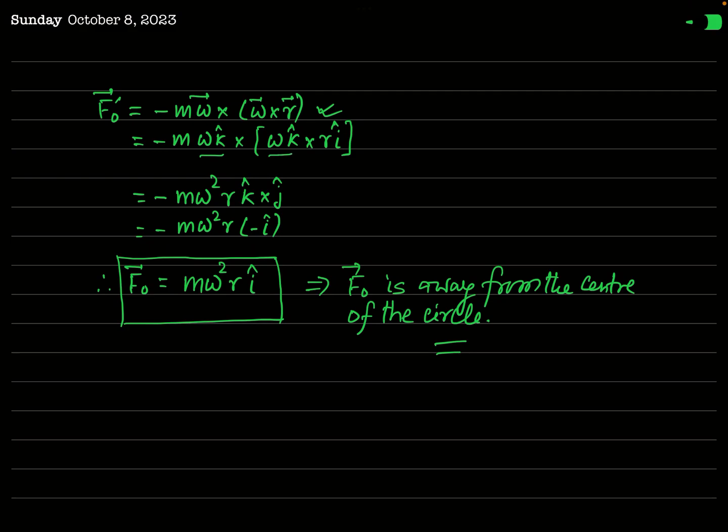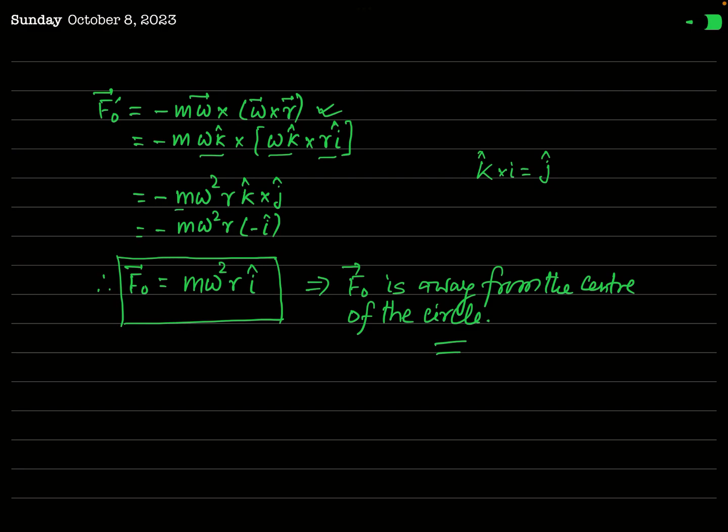And omega cross r, so this will be omega k cross r i, because we have considered that position vector r is along the x-axis. Okay, now you know that k cross i, do you know what is this? k cross i is equal to j. k cross i equal to j.